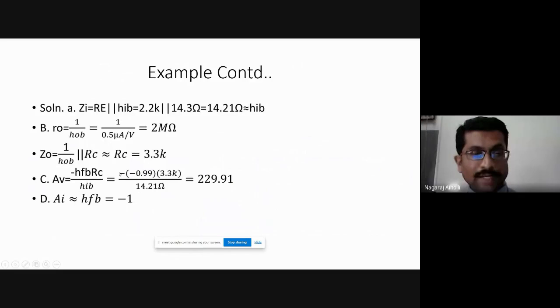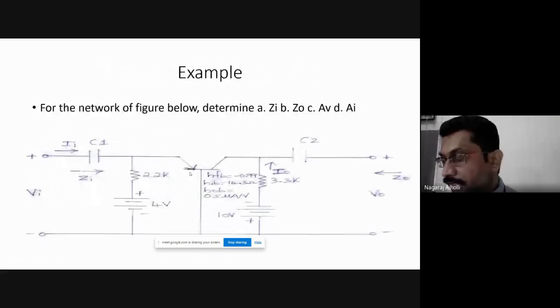Therefore, AV will be equal to minus of minus 0.99 into 3.3K, divided by 14.21 ohms. Calculate the value of AV. How much will be AV? Voltage gain?